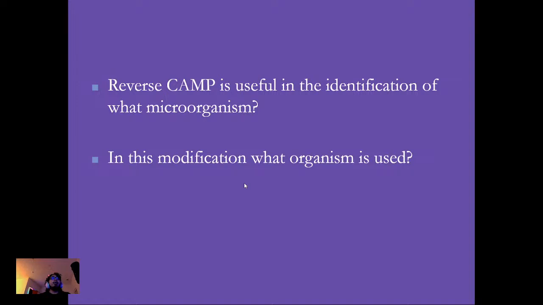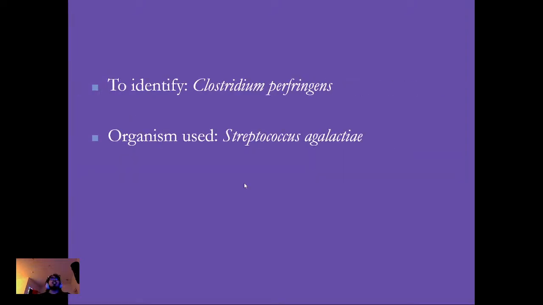We also have what we call reverse CAMP test. Reverse CAMP test is used to detect Clostridium perfringens. Okay? When you hear the term reverse CAMP, what you're testing for is Clostridium perfringens. And the organism that you're going to use this time is Streptococcus agalactiae.